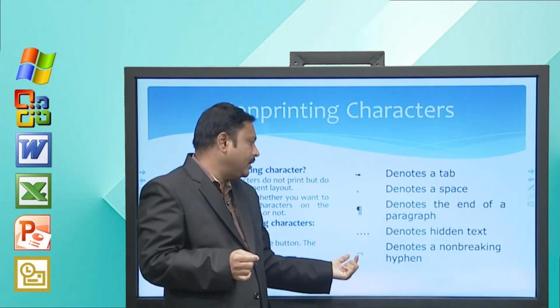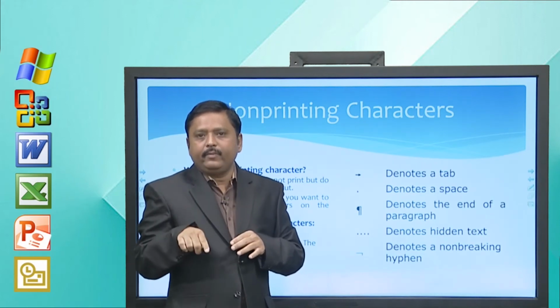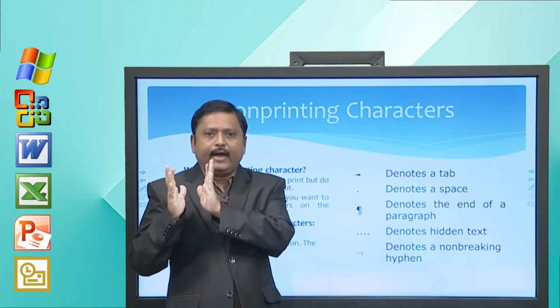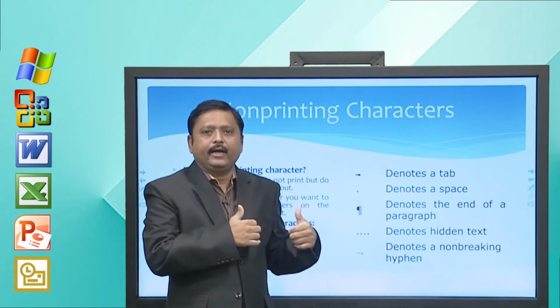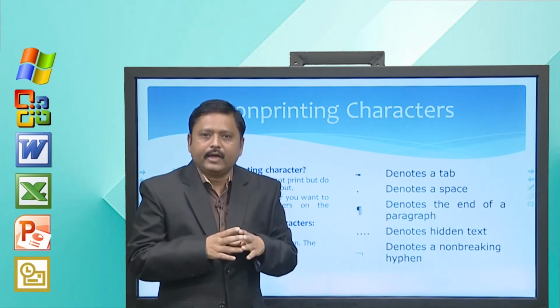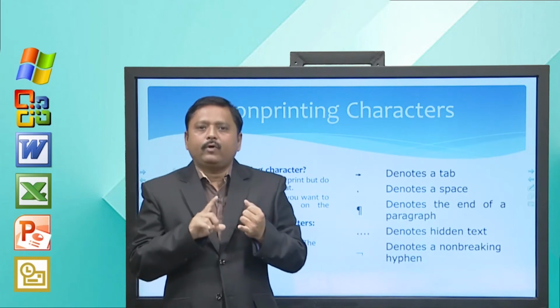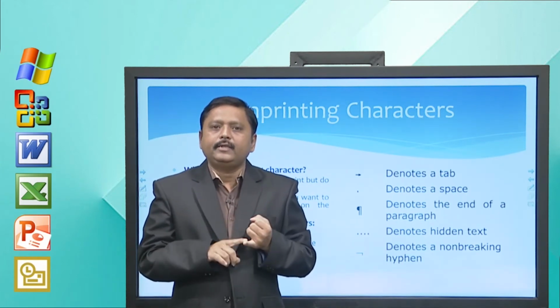So, this is a non-breaking hyphen, that means the word is simultaneously, but half of it is at the end of the first line and the remaining part is on the second line. So, these kind of characters are called non-printing characters. Now, you understand what is click, what is non-printing character and what is cursor.